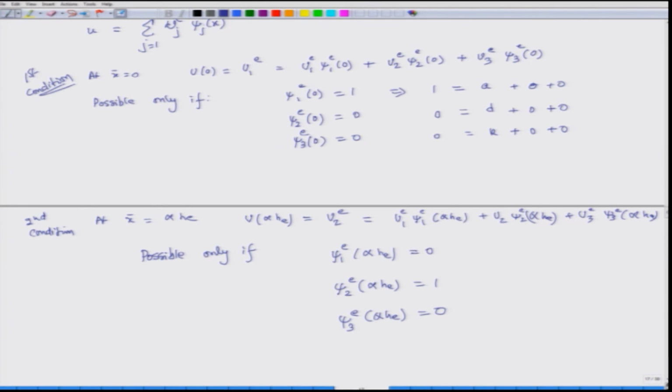So, these are the second three conditions. Similarly, I will have a third condition at the third node, giving three more equations. In this way I get 9 equations and 9 unknowns, and I can solve them.